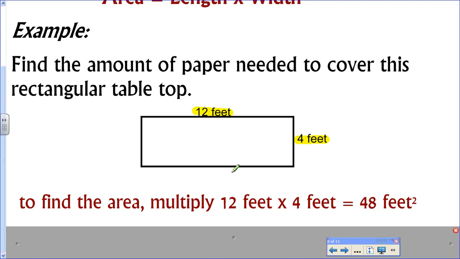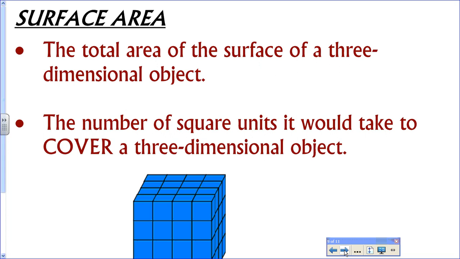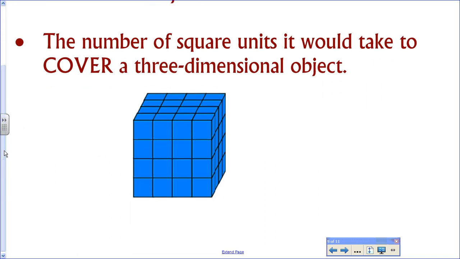Now, area is directly related to surface area. Area determines how much it takes to cover a two-dimensional figure. Surface area is the total area of the surface of a three-dimensional object. In other words, it's the number of square units it would take to cover a three-dimensional object.